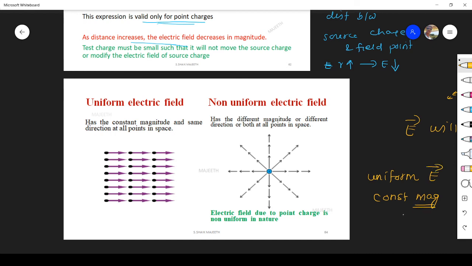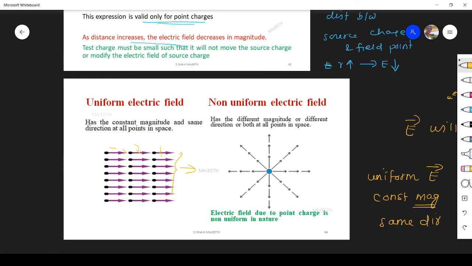If the magnitude is constant and the direction is the same, then we call it a uniform electric field. Here you see, for all the arrow marks, that is the electric field, the length is the same and all arrows point in the same direction, along the x-axis. So it is a uniform electric field.